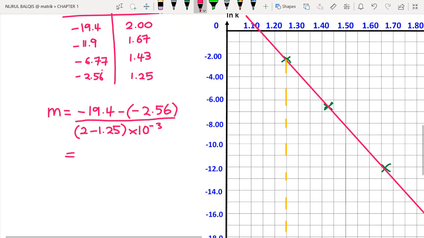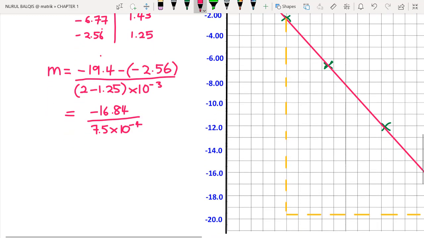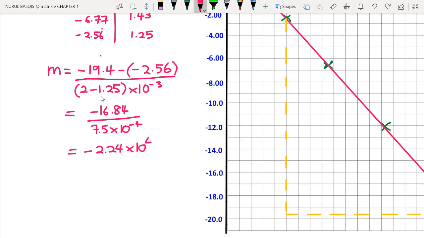So we'll get negative 16.84 divided by 7.5 times 10 to the power of negative 4. Lastly, your m will be negative 2.24 times 10 to the power of 4.